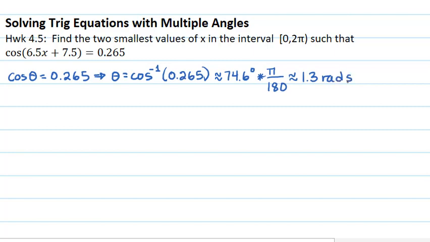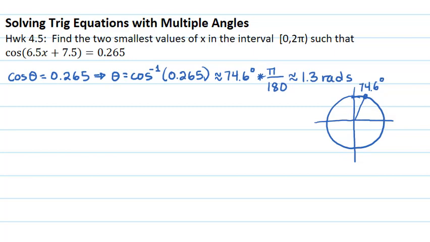So when I draw this angle on the trigonometric circle, the 1.3 radians is approximately 75 degrees, somewhere here. And if I want to solve the equation for x, I will have to solve the equation 6.5x plus 7.5 equals approximately 1.3.